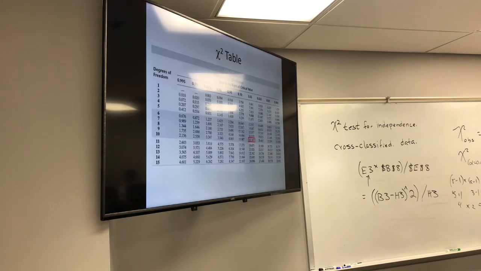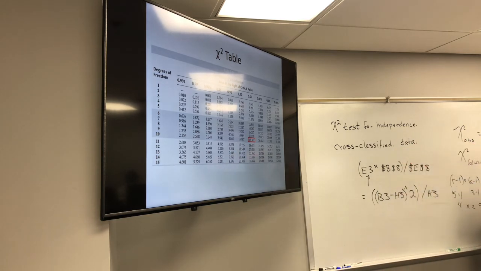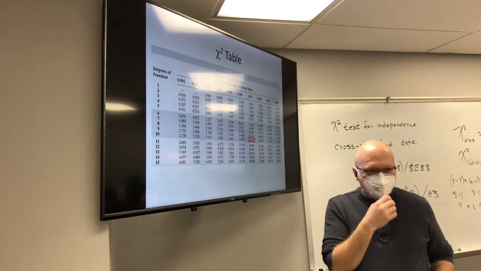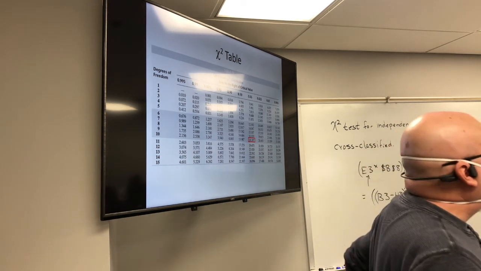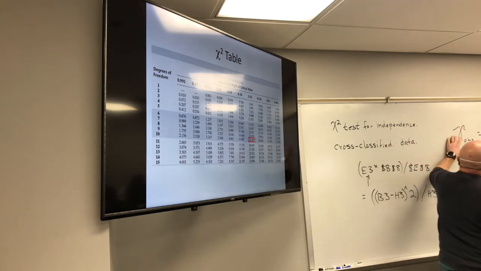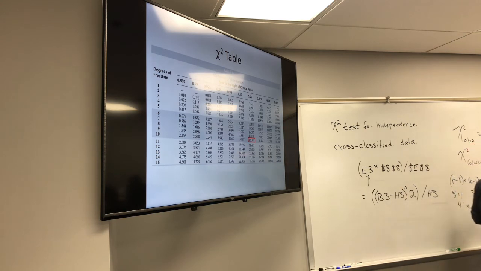And find degrees of freedom is 8, 15.507. Okay. Because the observed value is way bigger than the tabled value, we would conclude that these things are not independent of one another.